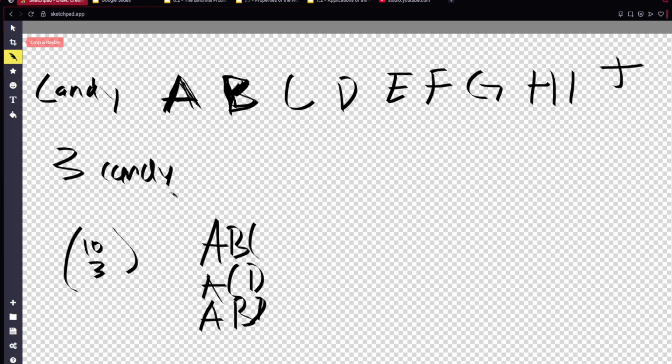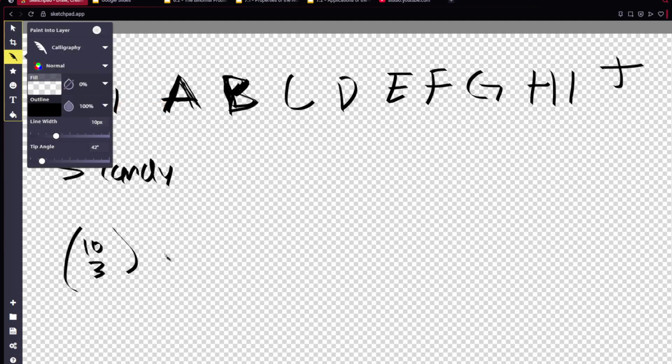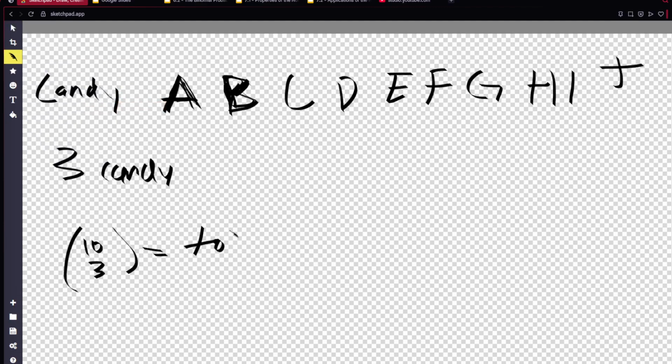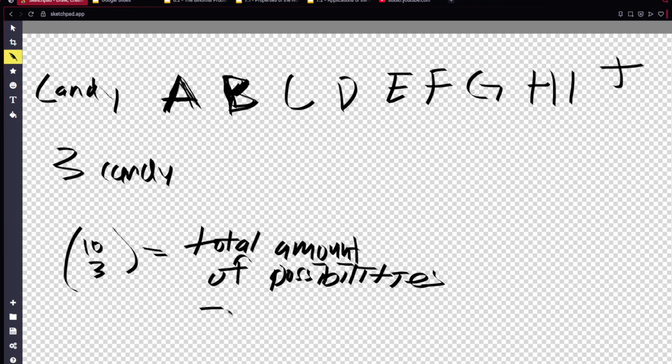As you know, this combination formula finds the total number of possibilities that someone can like 3 candy. What does this look like here? Let me just write this out. Or the total number of ways that 3 people like candy, which I guess is the same thing.